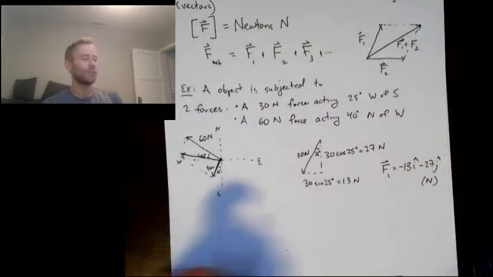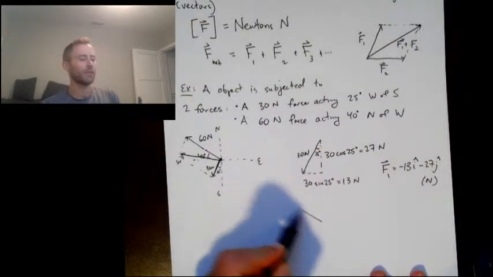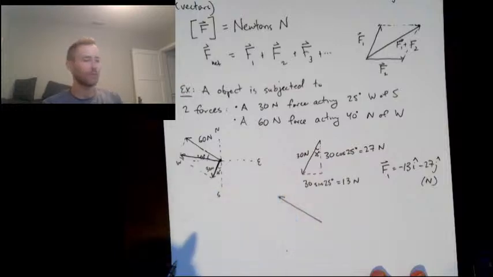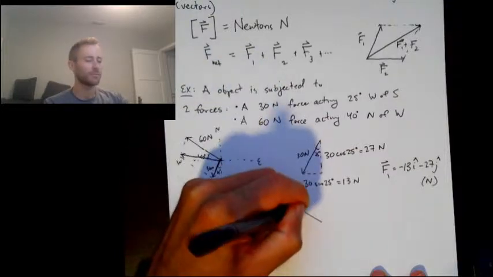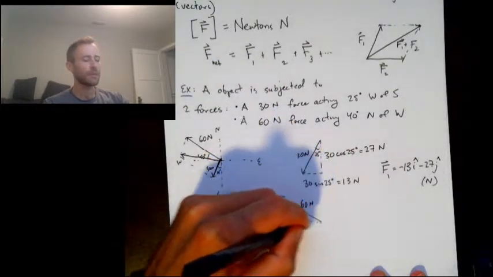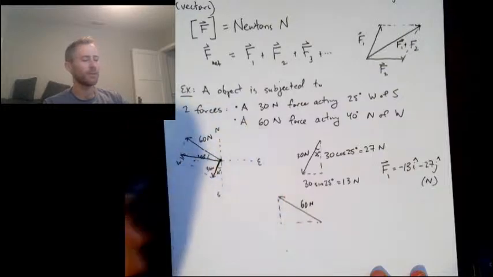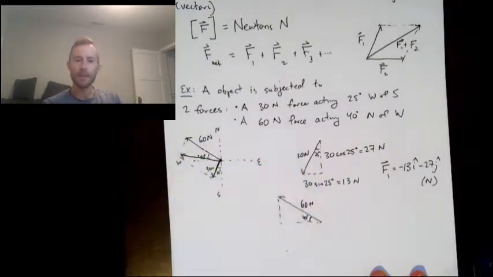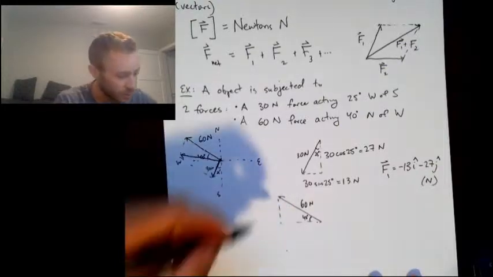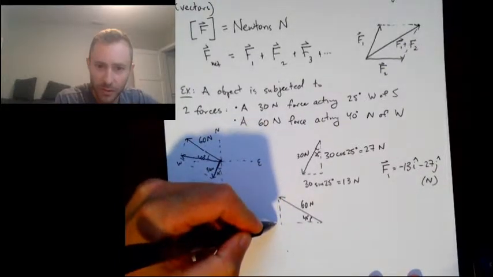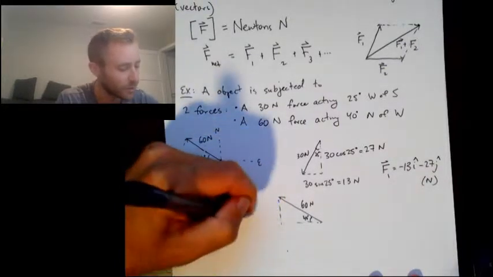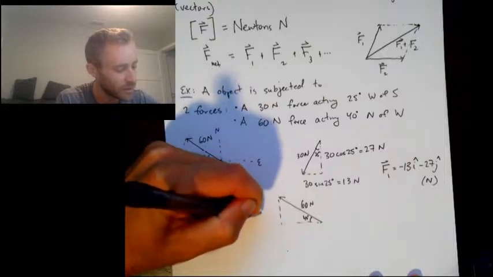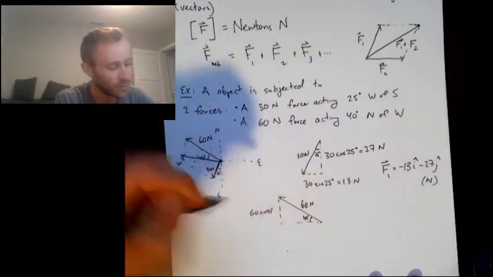Let's do the same thing for the second vector. The second vector has a length of 60 newtons, and this angle right here is 40 degrees. So I can see this vertical component of the vector is opposite the angle, so that's going to be sine, 60 sine of 40 degrees.